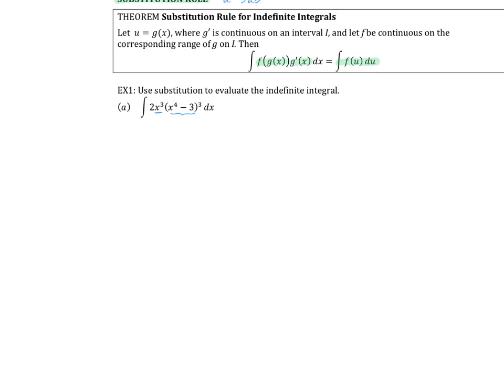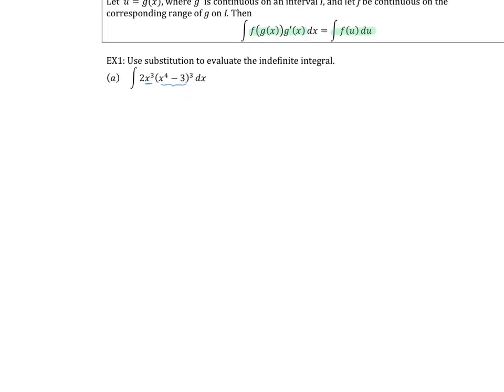So what I'm going to do is let u equal x to the fourth minus 3, what's inside the parentheses. Now if I take the derivative with respect to x, that's going to be 4x to the third.